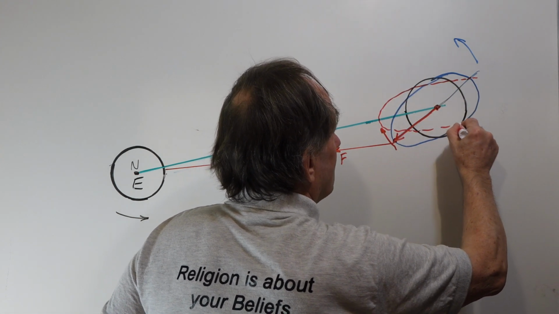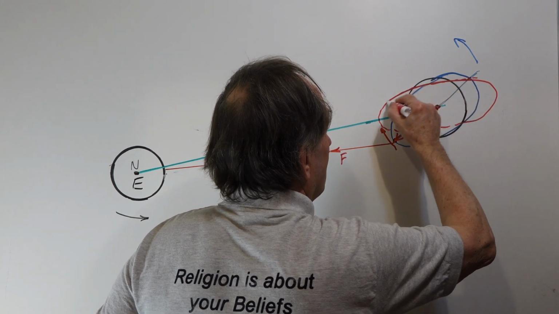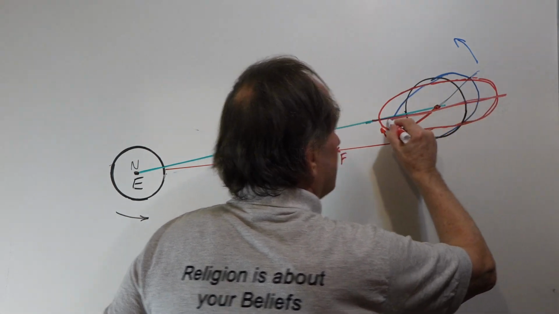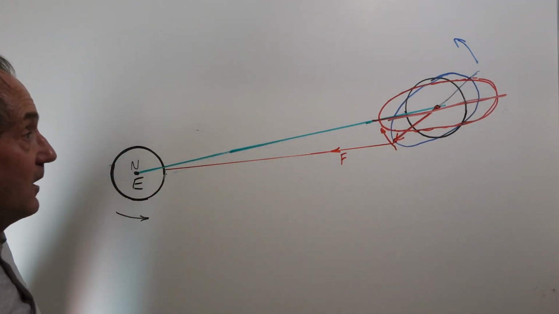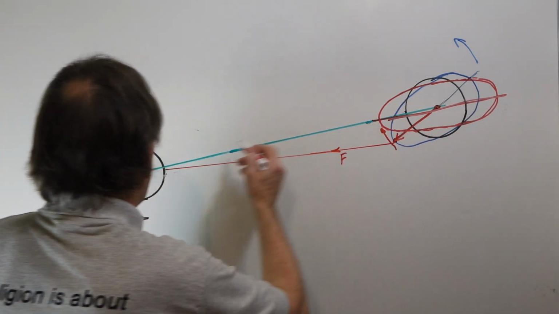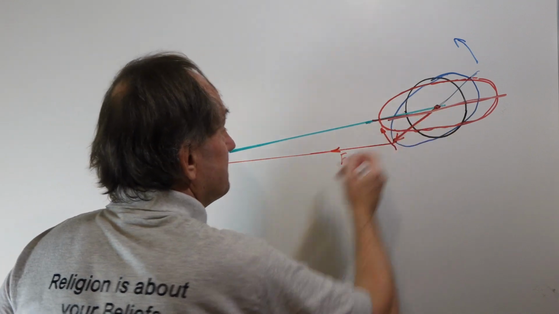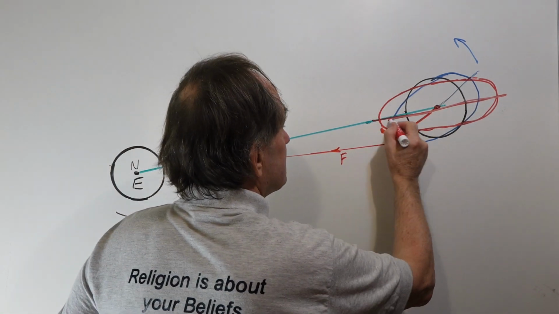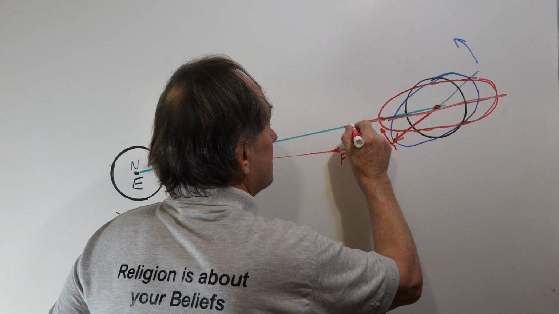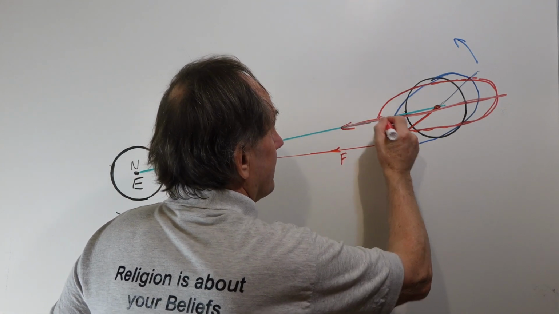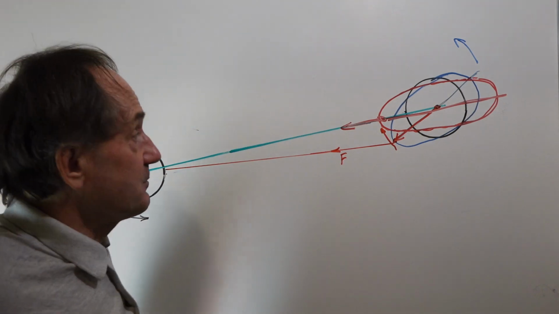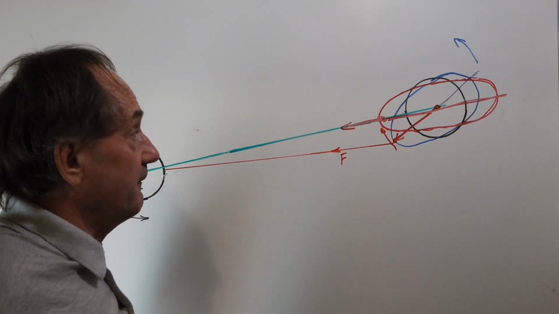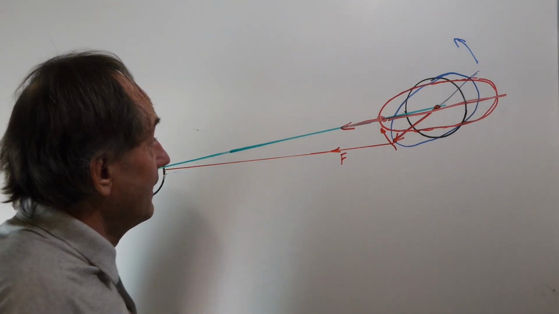The axis of the elongation will be in line with the principal axis between the Earth and the moon, and when that happens, you can see the gravitational force lines don't create any torque. So the system stops. There's no more exchange of angular momentum.